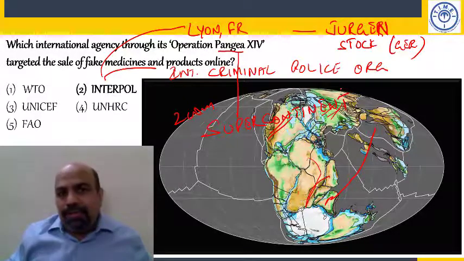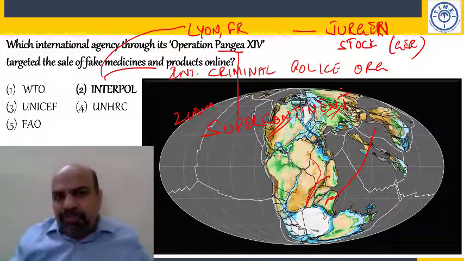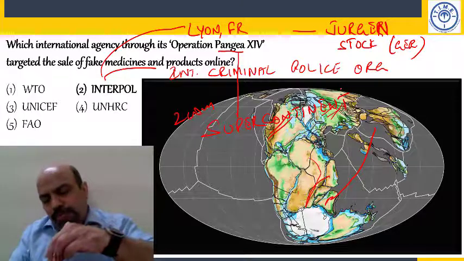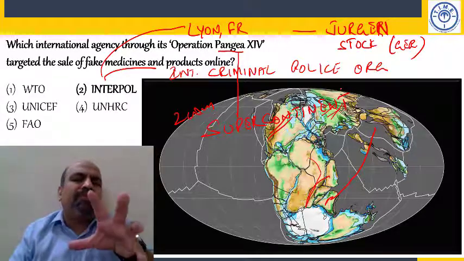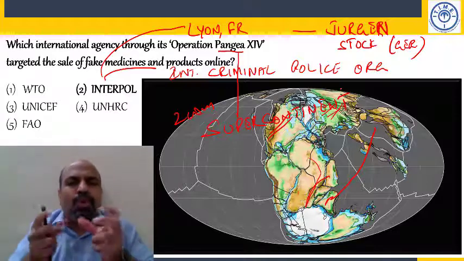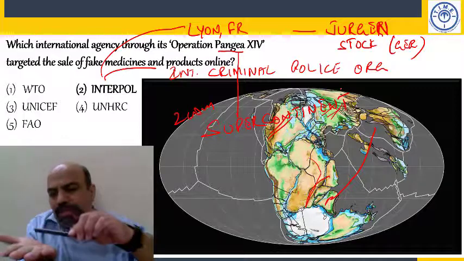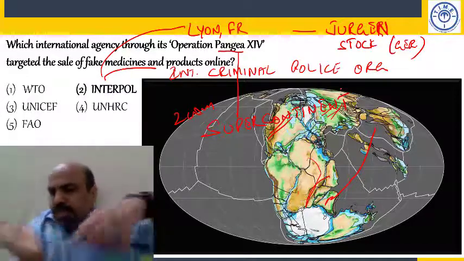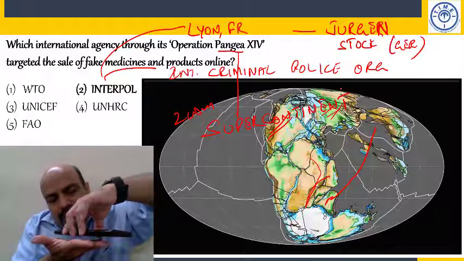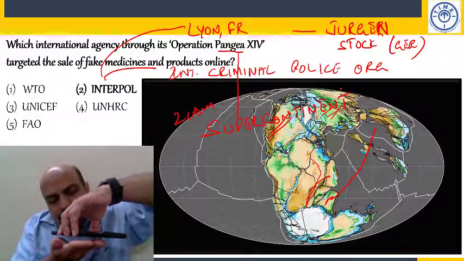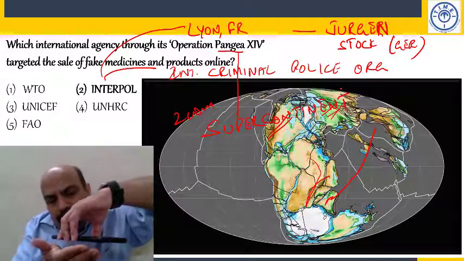Below the earth's surface, there are plates. Plates are massive slabs of rock. And below the plates, there is something called the asthenosphere, which is a semi-liquid, gooey kind of layer. So when there is a plate like this, above the asthenosphere, this plate keeps moving, and next to it there will be another plate.